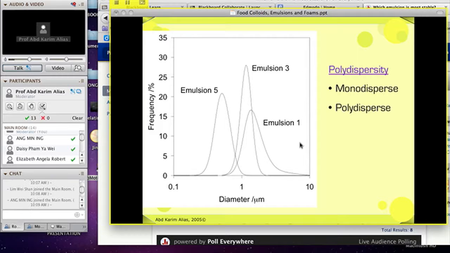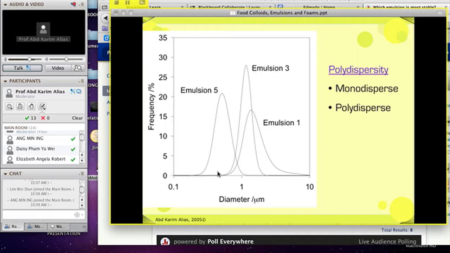Okay. So we will come back to the poll just now and see whether you can answer correctly which emulsion has the highest stability.